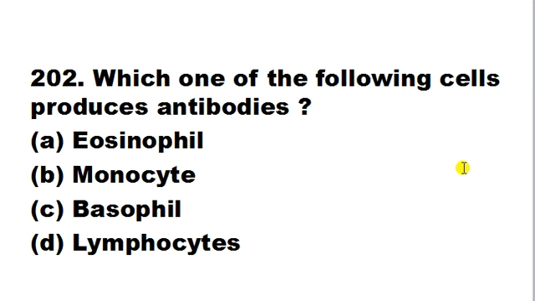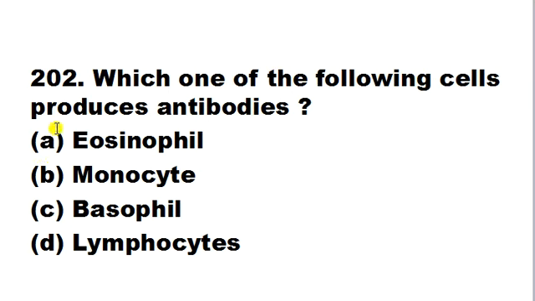Now, which one of the following cells produce antibodies? Look, this is not antibiotic, this is antibodies. Antibodies are different cells that are produced by our immune system, and this is involved in neutralizing pathogens. So they are basically involved in destruction of infection.